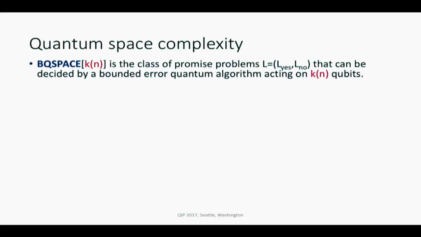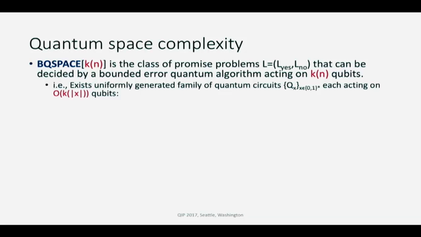Formally, what we're really talking about is quantum space complexity, and the primary complexity class we'll consider is called BQSPACE(k(n)). This is the class of promise problems that can be decided by a bounded error quantum algorithm that acts on k(n) qubits.